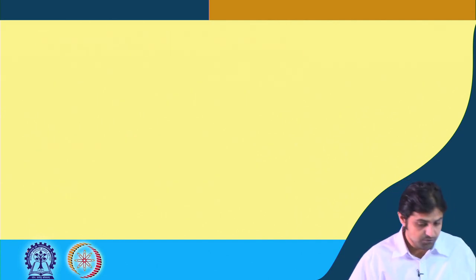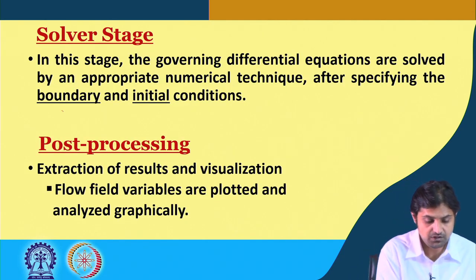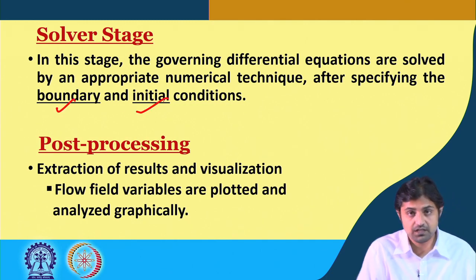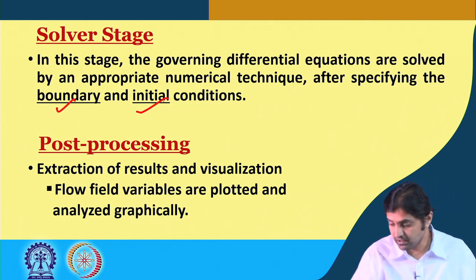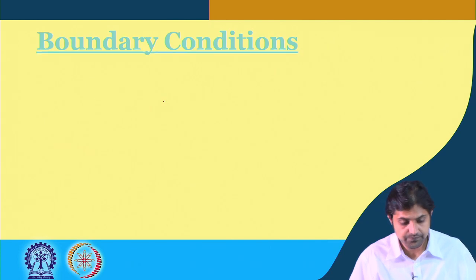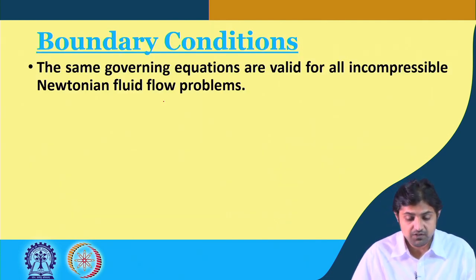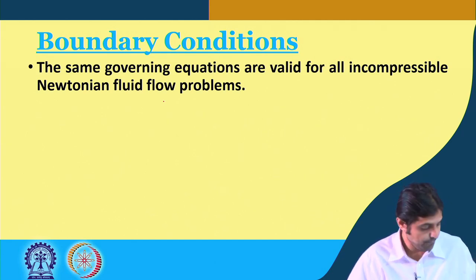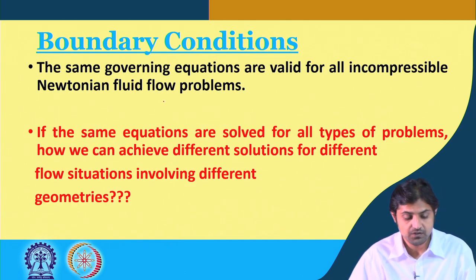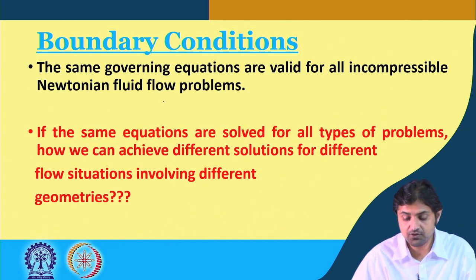You know we mentioned boundary and initial conditions, and that is what we are going to discuss next. So boundary condition: the same governing equations are valid for all compressible Newtonian fluid flow problems, right? So if the same equations are solved for all types of problems, then how can we achieve different solutions for different flow situations involving different geometries?